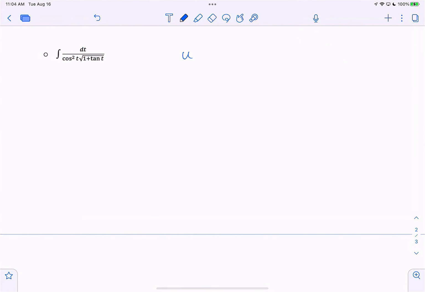So I'm going to say u is equal to 1 plus the tangent of t, which means that du is equal to 0 plus the secant squared of t dt. That's the same as 1 over the cosine squared of t dt.